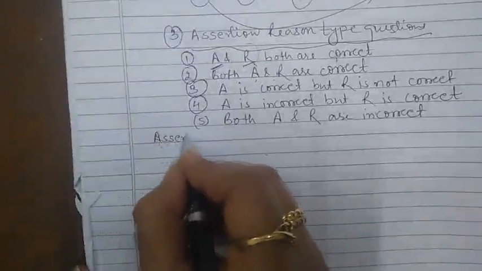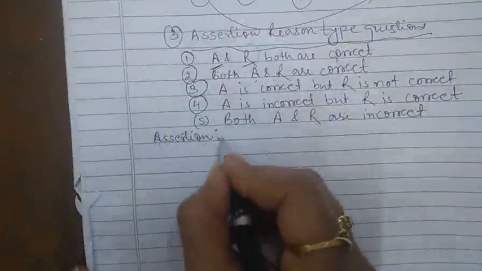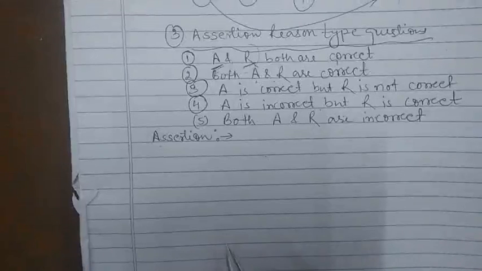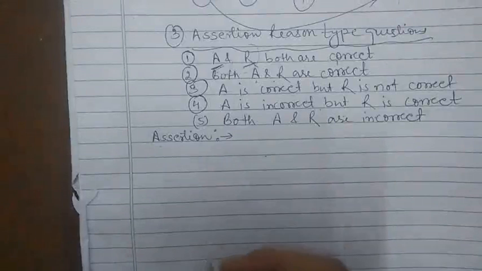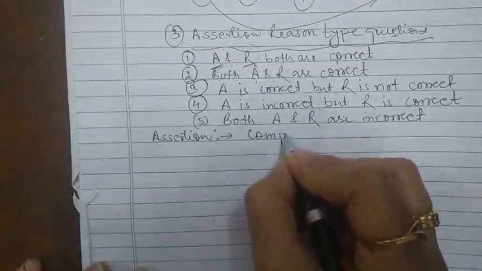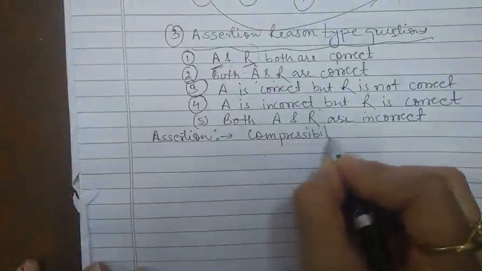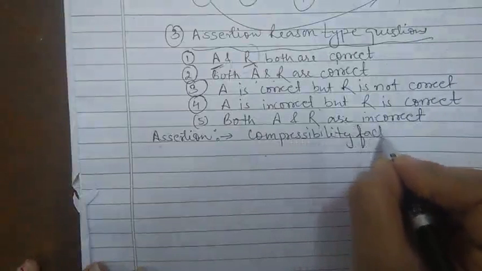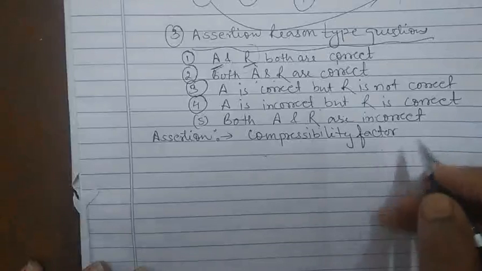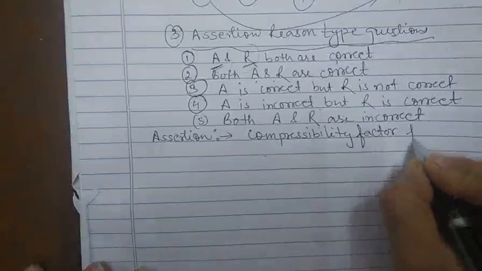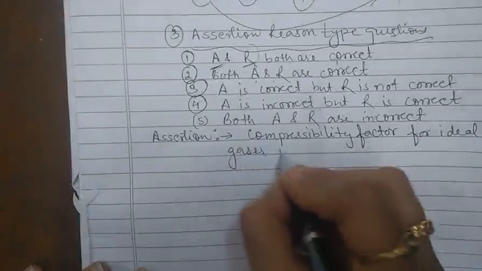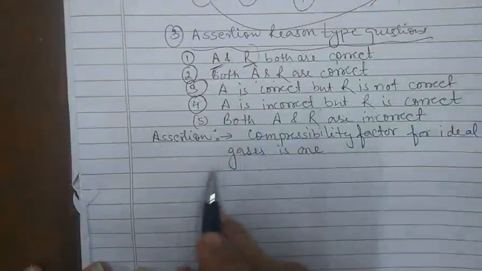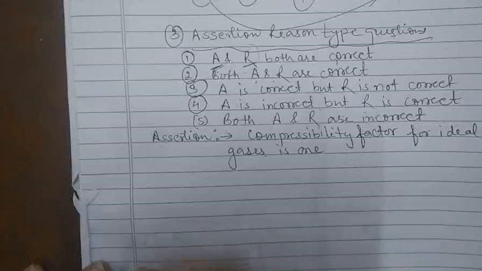Now for example, I have given an assertion. Assertion means a statement. For example, the statement is that the compressibility factor for ideal gases is 1.